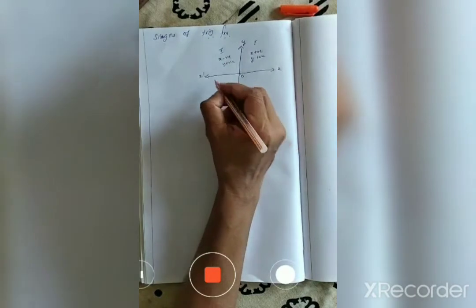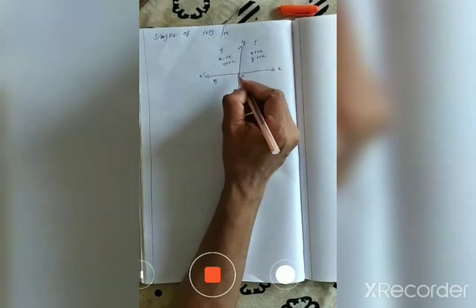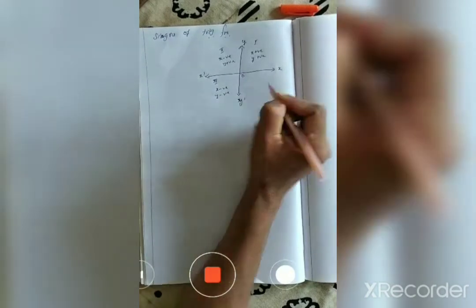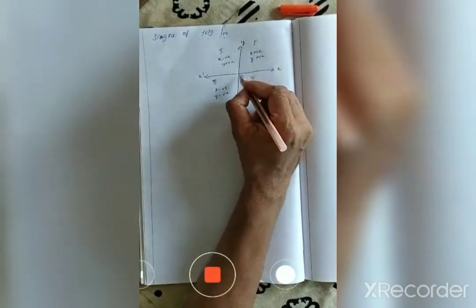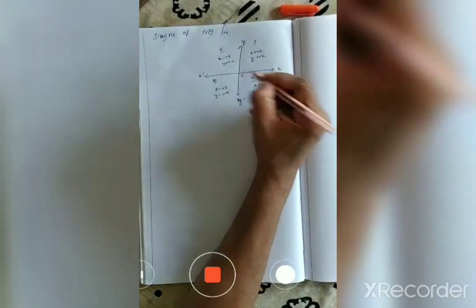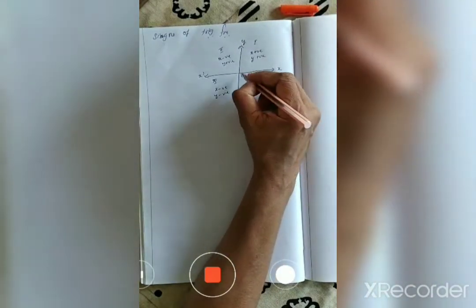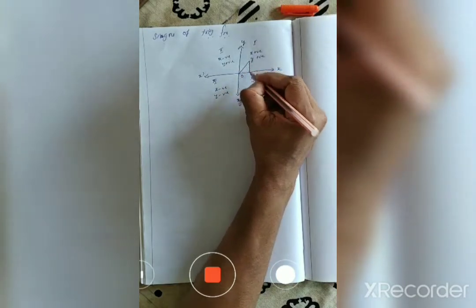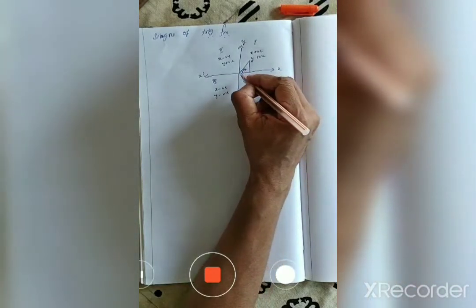In the third quadrant, both x and y are negative. And in the fourth quadrant, x is positive, y is negative. And if you define trigonometric functions, for that you consider a right angle triangle.